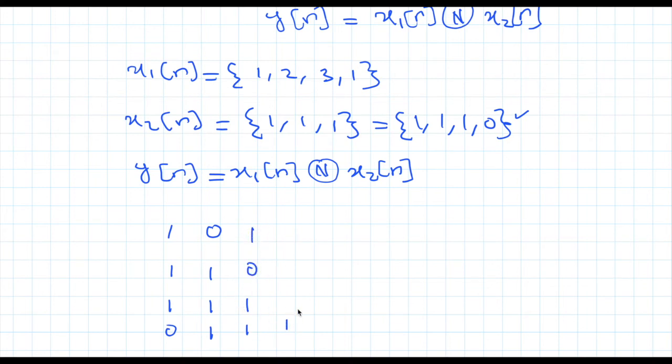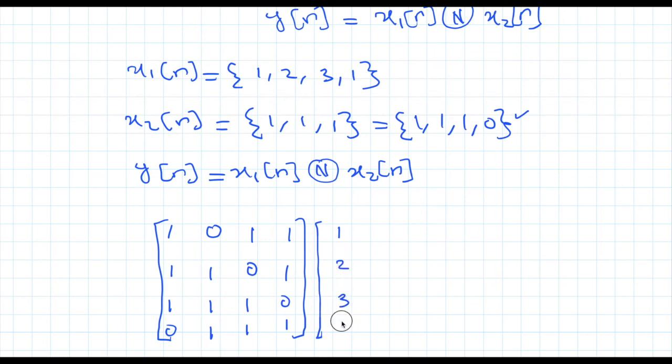Then I'm writing 1 1 1 0. This completes the formation of the first matrix. The second matrix would be the first sequence, so I'm writing 1 2 3 1 in the form of a column vector.